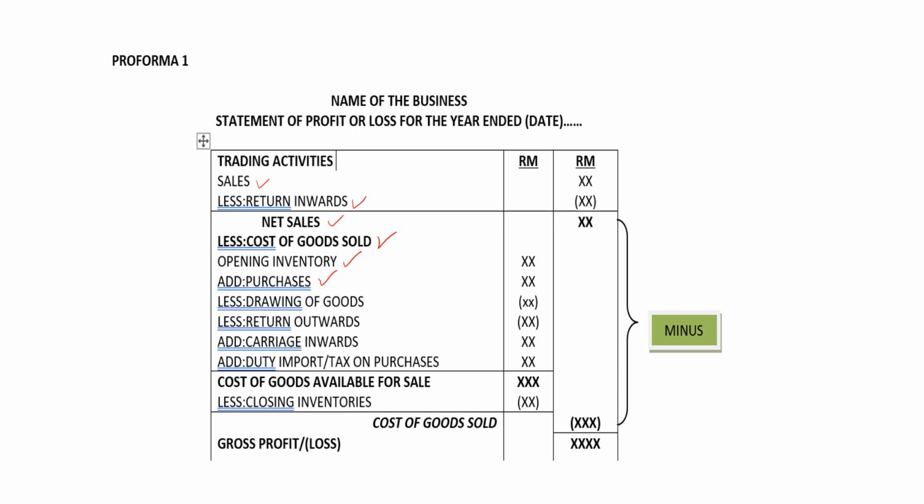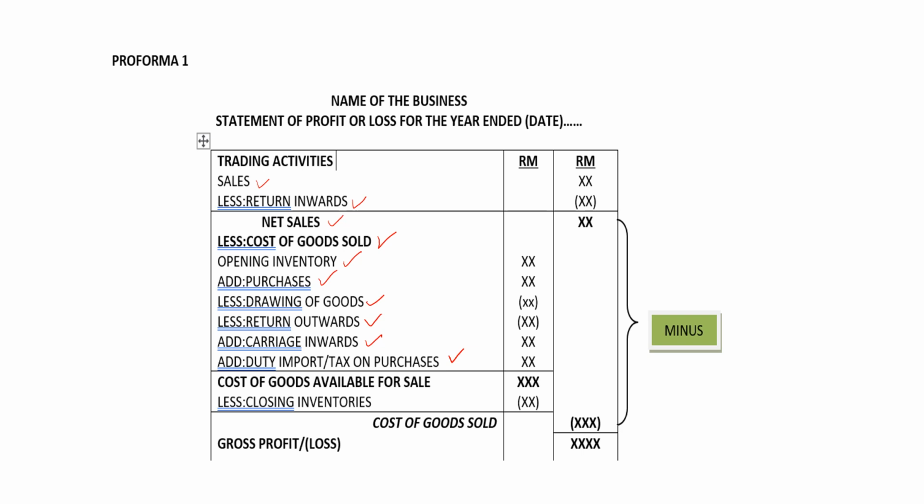Okay, next, less drawing of goods, if the owner draws goods for personal use, and then you also minus return outwards, and you add carriage inwards. When you purchase goods, sometimes you have to pay carriage inwards as well. And then your import duties or tax on purchases.